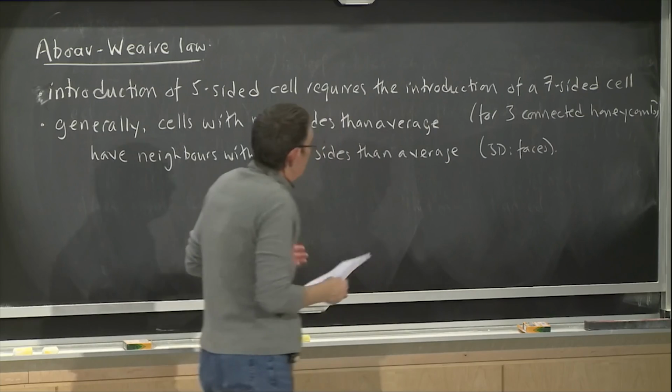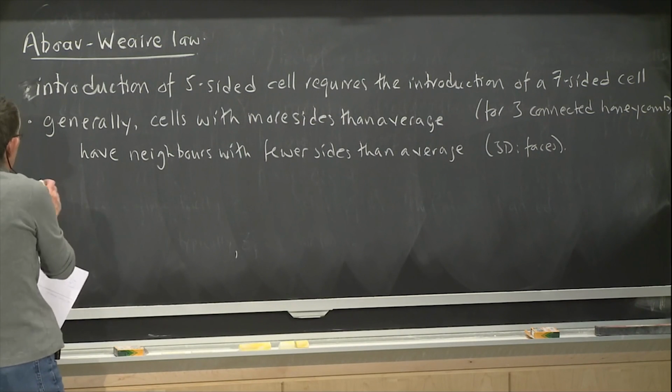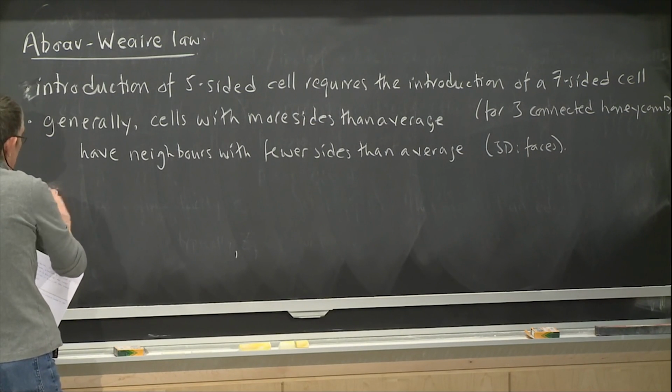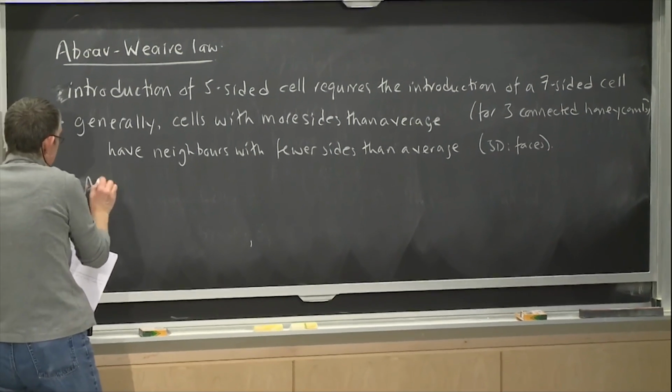And in 3D, you can say the same thing about the faces. The cells that have more faces than average have neighbors with fewer faces than average. So Aboav made observations of this, and Denis Weaire made a proof of it.